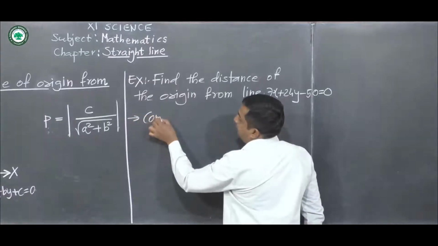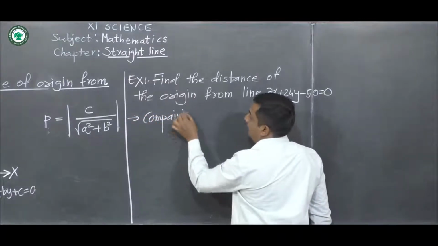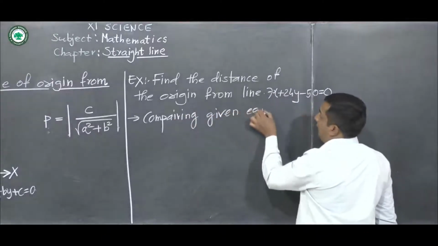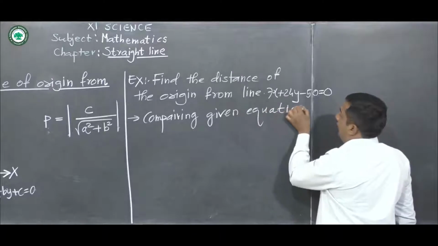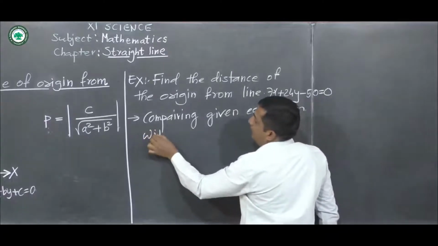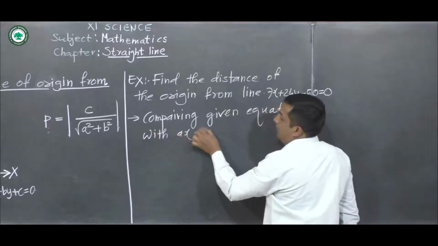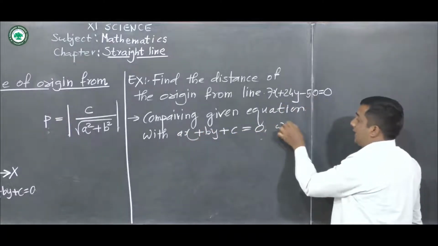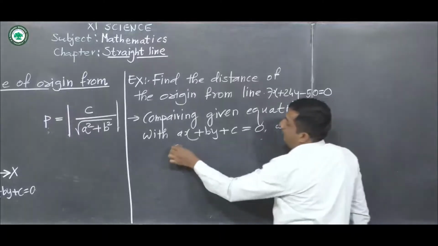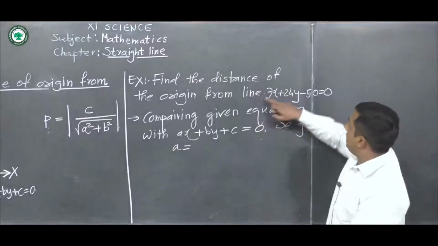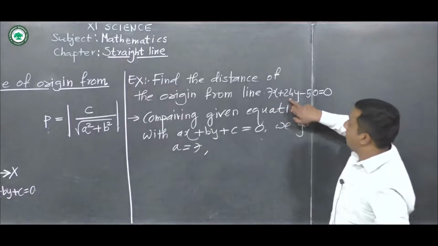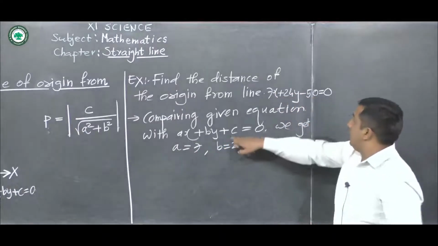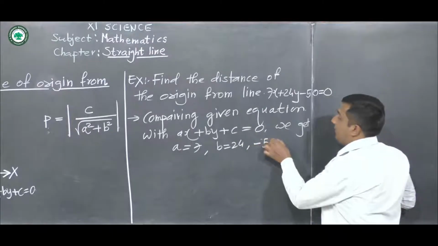Comparing the given equation with ax plus by plus c equal to 0, we get the value of a. Here a is 7, then we get b. Here b is 24, and in next c, here c is minus 50.